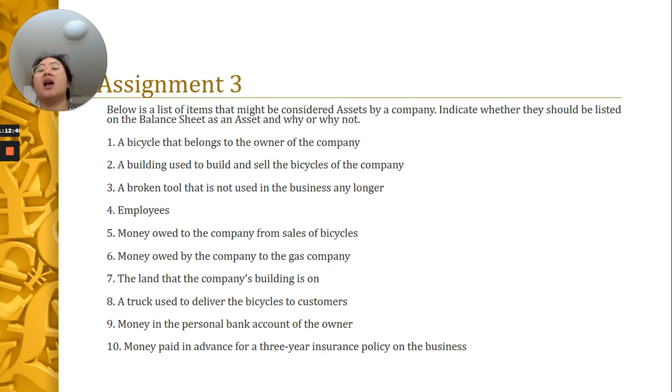So you should say for each one whether it is listed on the balance sheet, yes or no, and why or why not.